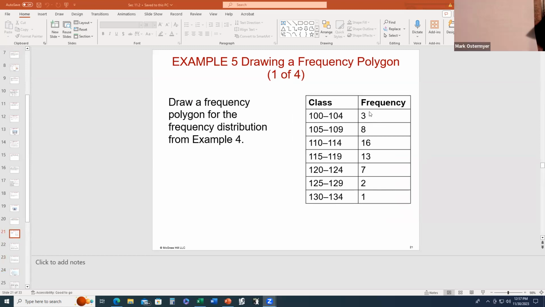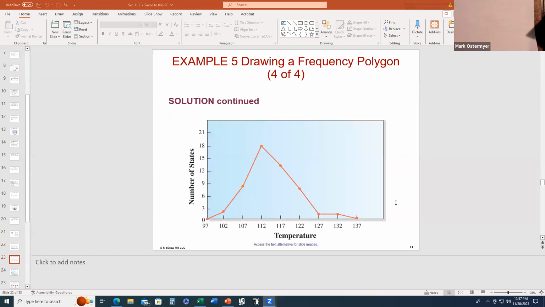And the first class occurred with a frequency of 3. So you can see for 102, they have a dot which projects horizontally back to the vertical axis at 3, because there were 3 states that had a record high temperature of a midpoint value of 102 degrees.